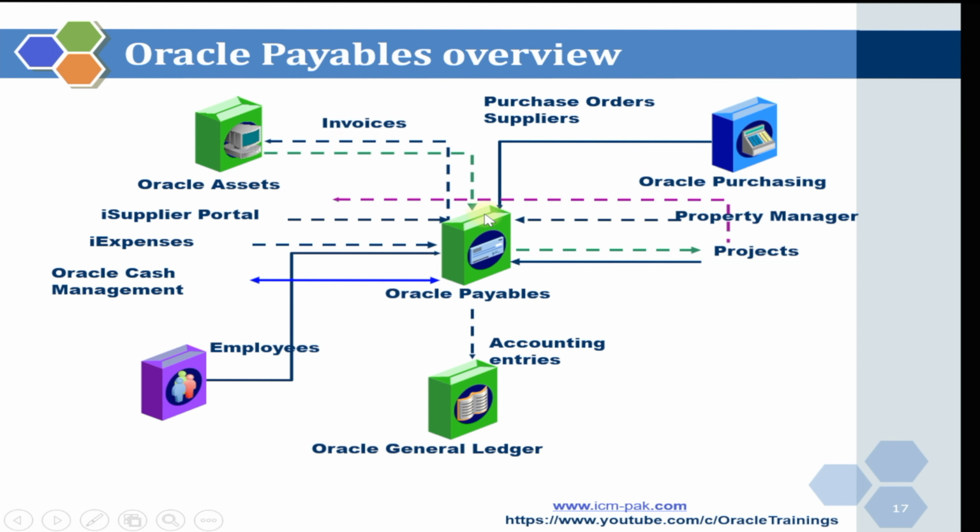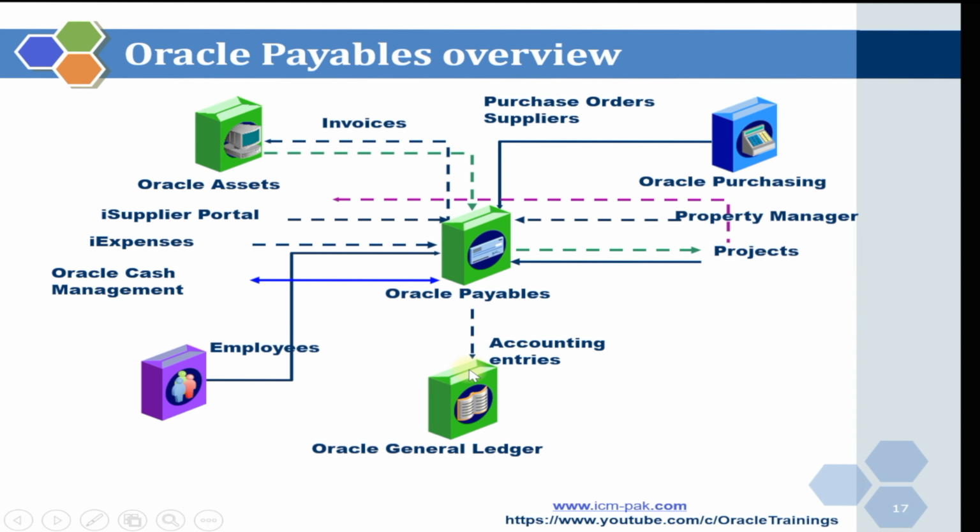Accounts payable is a module which is tightly integrated with other E-Business modules like General Ledger. Whatever accounting transactions happen in accounts payables, they create accounting entries, and those accounting entries are transferred to the general ledger.